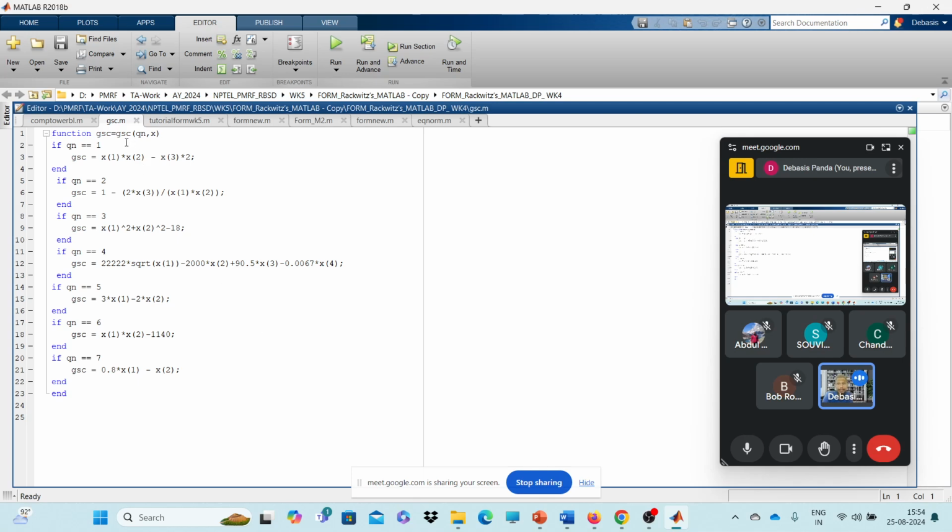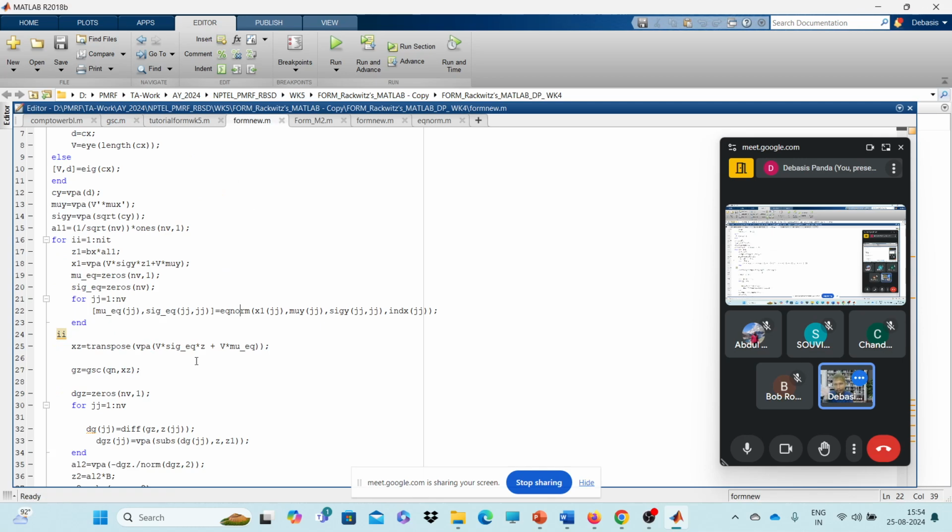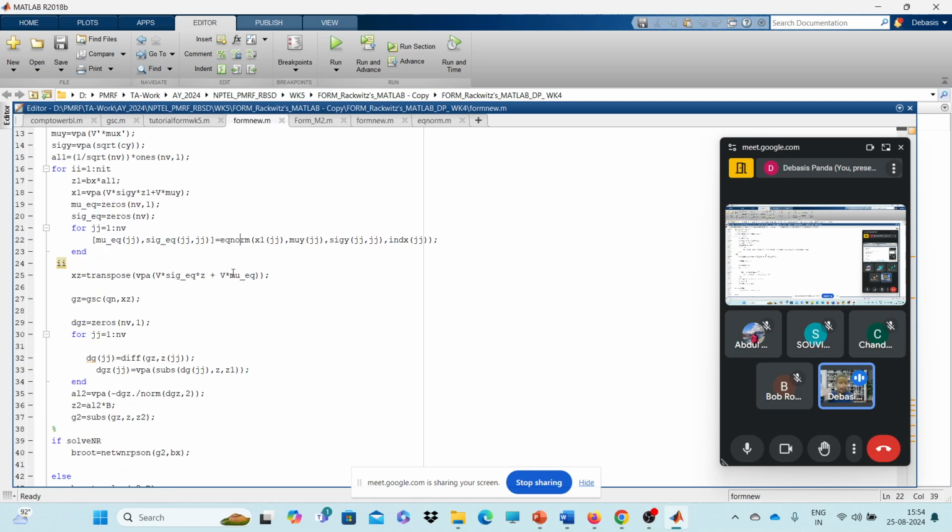So here the gsc function will give me the desired limit state. If I put the question number and random variable, it will give me the limit state. I made this function file separately so that I can handle many problems at a time. You can do it another way, adding the limit state function right here so that you can call it, but it will not be generic.